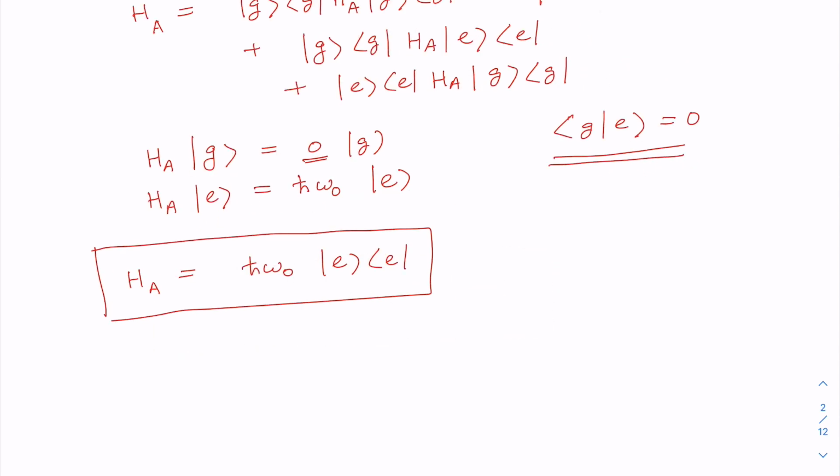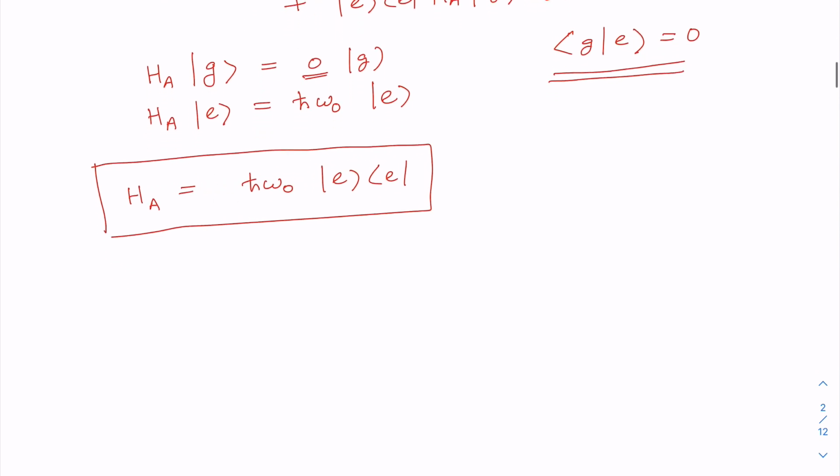Now what about the atom field interaction part of the Hamiltonian, that is H_AF? The electric field interacts with the dipole moment of the atom, and this interaction is given by minus mu dot E, where mu is the dipole moment operator of the atom.